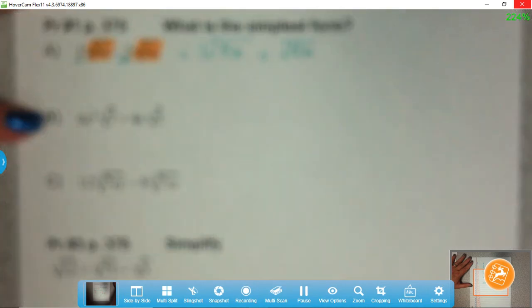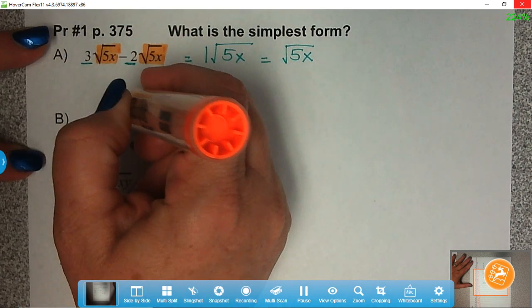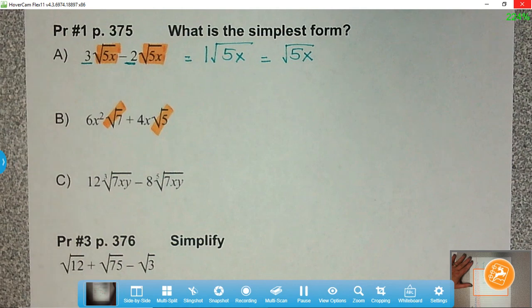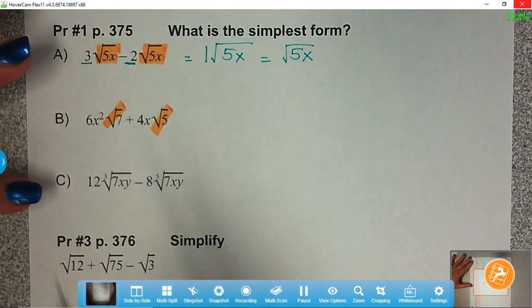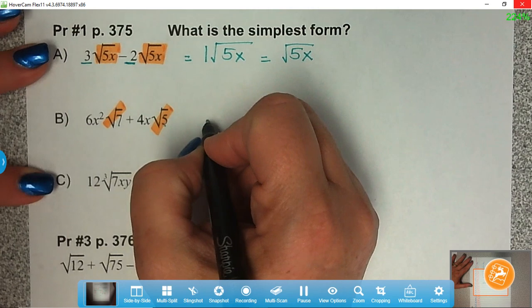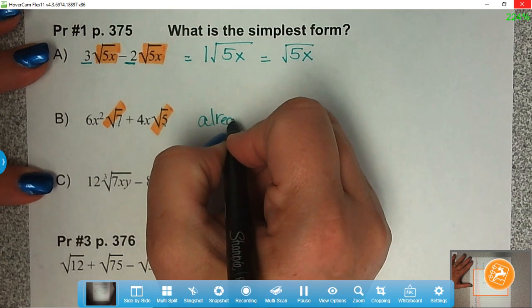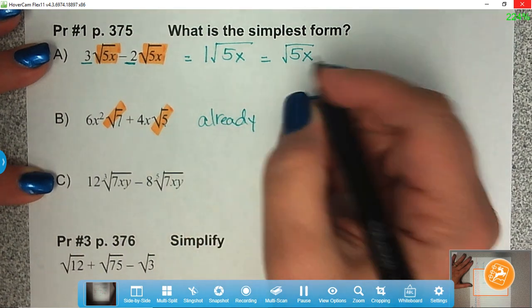All right, for part B, if you look at those radicals, well, they're both square roots, but the radicands are different. Because this radicand is 7 and this is 5, they are not like radicals. So this one you cannot simplify. It is already simplified as much as it can be.